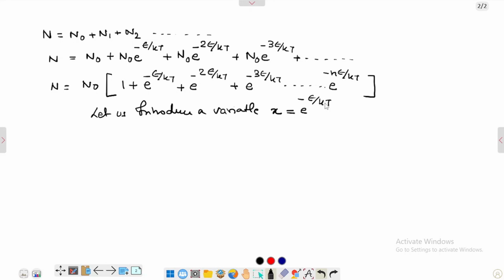So if x is equal to e to the power minus epsilon by kT, if I plug this x here, my N is nothing else but N0 times 1 plus x plus x square plus x cube, and it goes on.